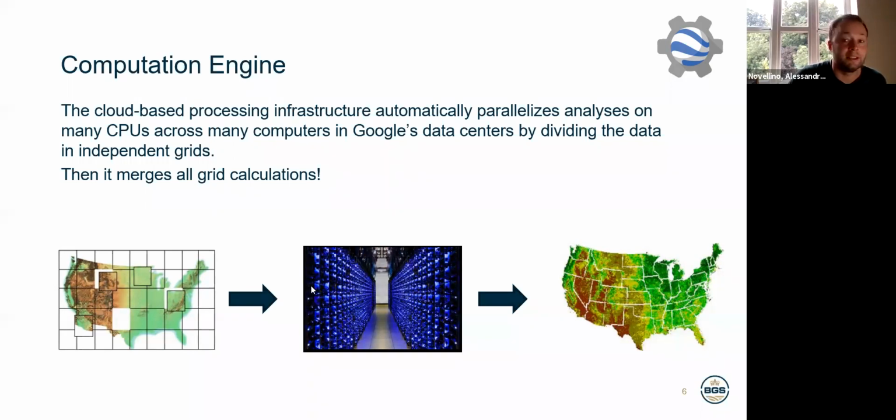Each is processed individually, so it's a parallelized process, and then all these grids are merged again. This makes Google Earth Engine very powerful for raster calculation. For dealing with raster, there is probably no other facility similar in terms of power, except maybe Amazon Web Services. But for vector data, it is not ideal, just because of this issue of splitting data and merging them again.